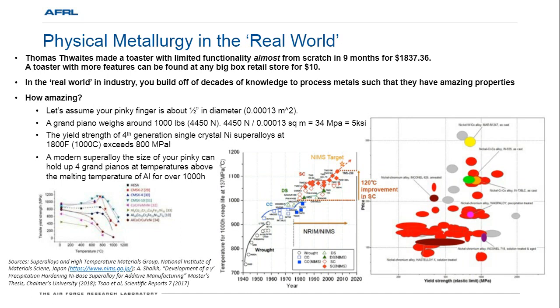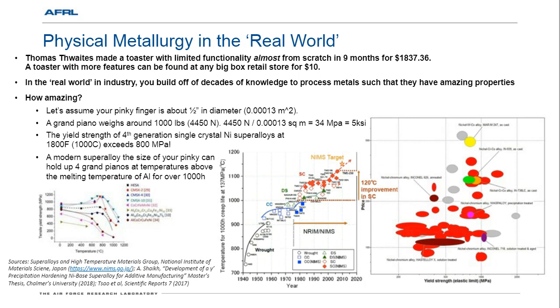So Thwaites made a toaster with limited functionality almost from scratch in 9 months for nearly $2,000. You can have a toaster with more features at any big box retail store for about $10.